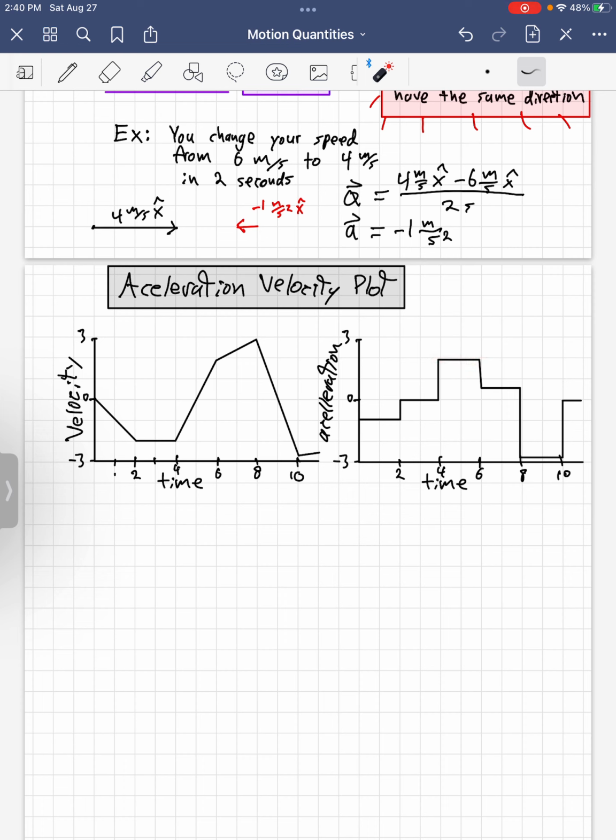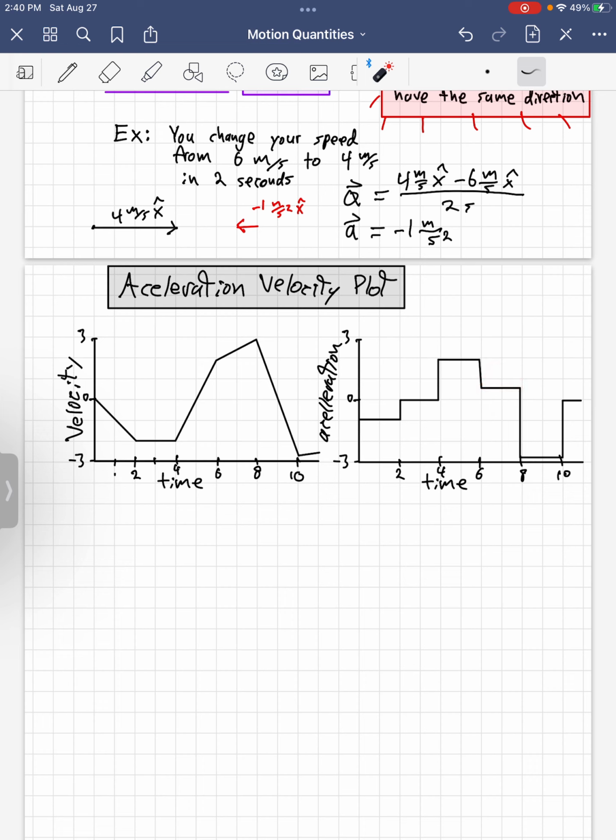All right, and here our velocity is still increasing, so we're still accelerating and increasing our velocity. But this time we're only increasing our velocity by 1 meter per second over 2 seconds. So rise over run, our acceleration here is only about 1/2 meter per second squared.